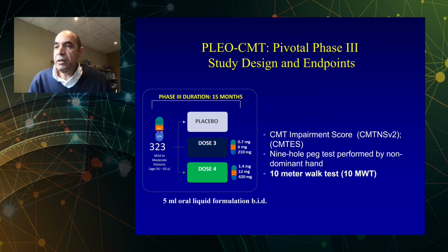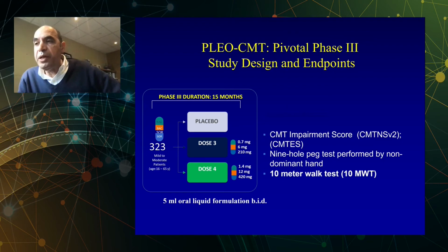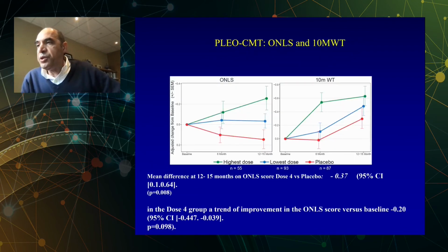So we have tested this treatment in 323 patients in 30 countries with these outcome measures, and the results were very interesting because the higher dose showed a mild improvement in patients in these endpoint measures, or 10-meter walk time.